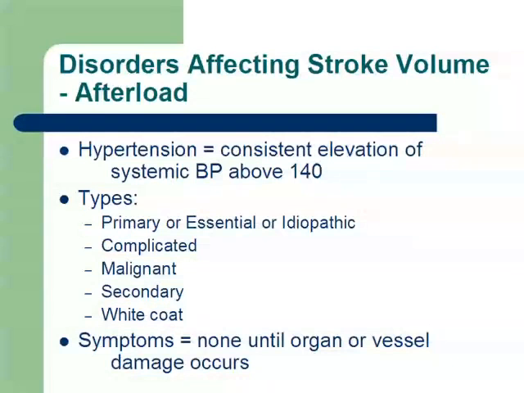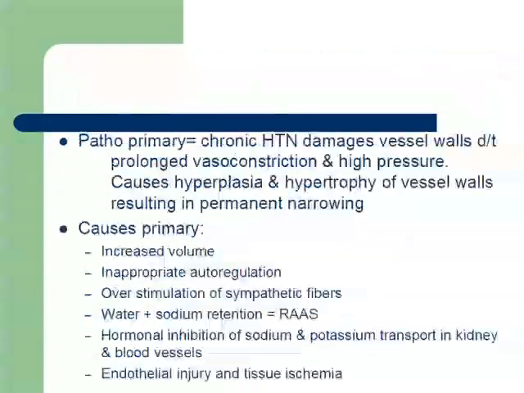Now, complicated means that you have it involved with other disorders that go along with it, and we'll talk about the other types in a moment. But the types are, as I said, primary, complicated, malignant, secondary, or white coat. And the symptoms aren't any, except maybe a headache, until you have organ or vessel damage that occurs.